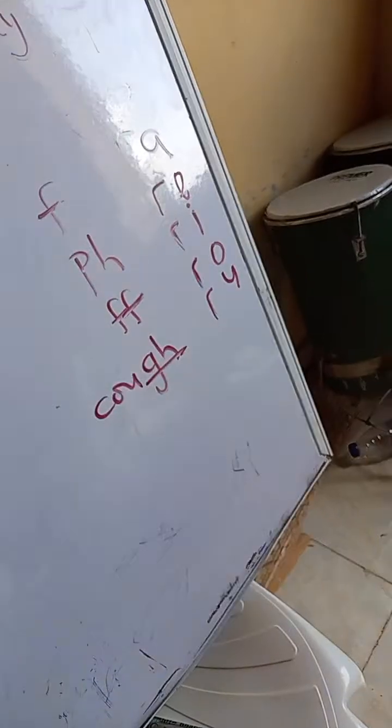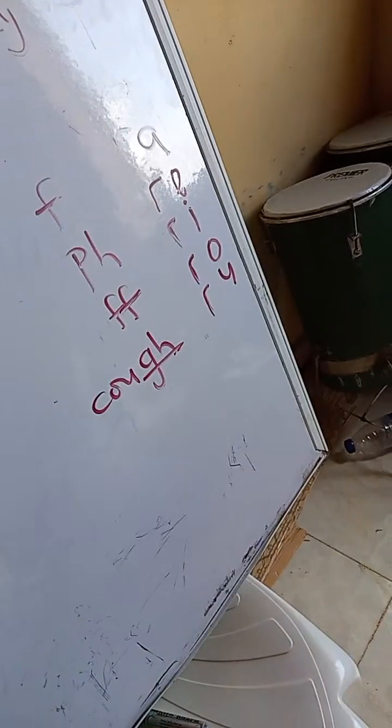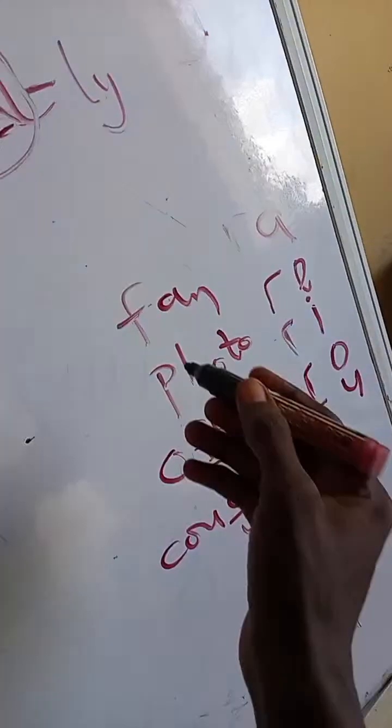And can still come from GH, because we have some GH that ends word like this. That is cuff. Like this.